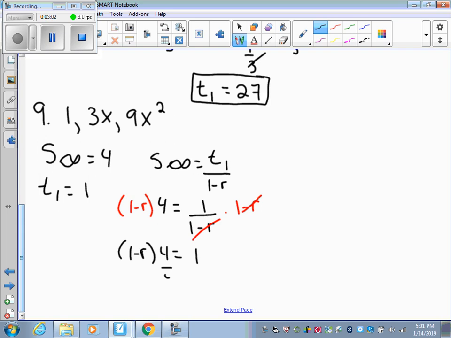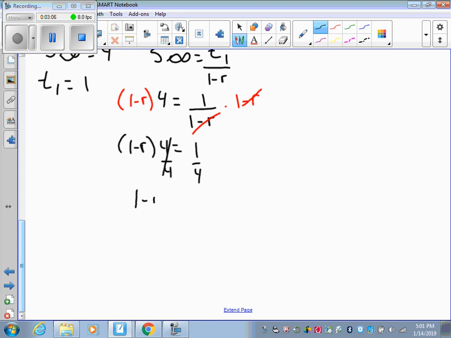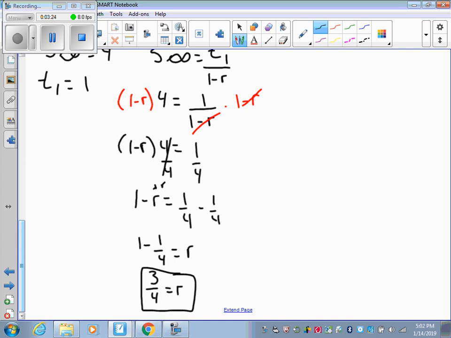Move the 4 over. Now you're left with 1 minus R equals 1/4. In order to solve for R, move this 1/4 over and bring the R to the other side. You now have 1 minus 1/4 equals R, so 3/4 equals R. Okay?